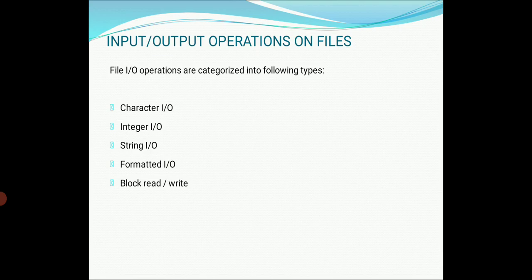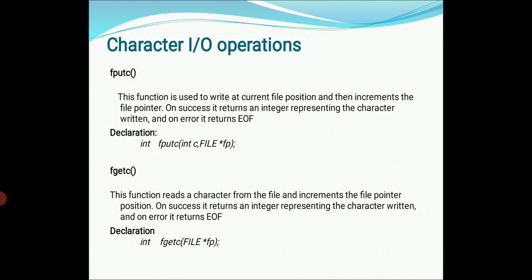Then let me explain the input and output operations on the file. The file IO operations are categorized into the following types: character IO, integer IO, string IO, formatted IO, and block read and write. The first is the character IO operations, which are performed using the functions fputc and fgetc.